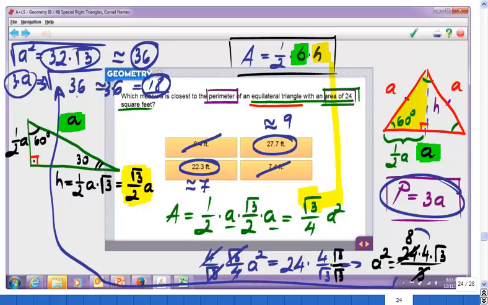Probably a better approximation of 32 times square root 3 wouldn't be 36 but 49. Like I said, I did not use the best approximation here, but it works for my problem. And I will say that 27.7, basically 9 being the side of your triangle, is not a good answer.